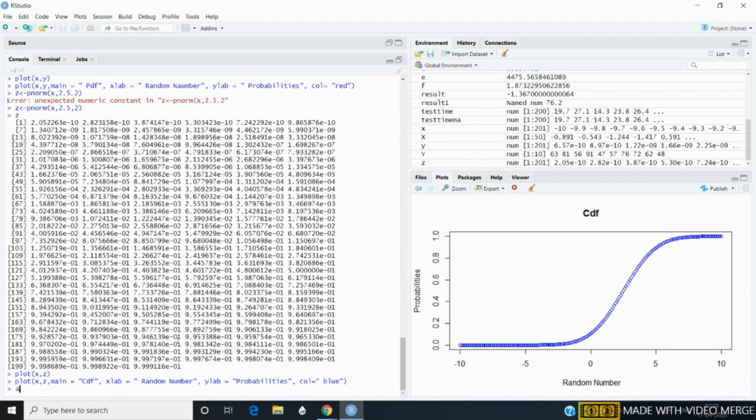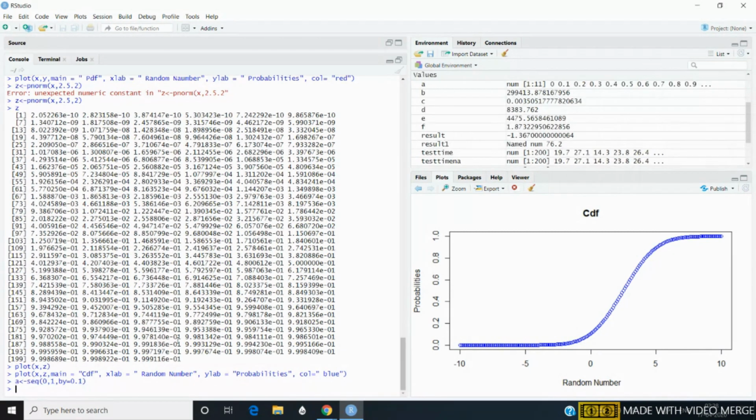Suppose I am assigning a, so sequence, the probability least value is 0 and highest value is 1, and I have to increment the value by 0.1. So I have created a sequence a. Now I have to write the function for the qnorm.